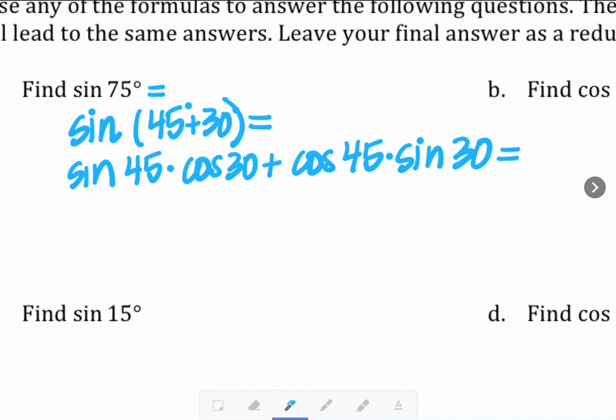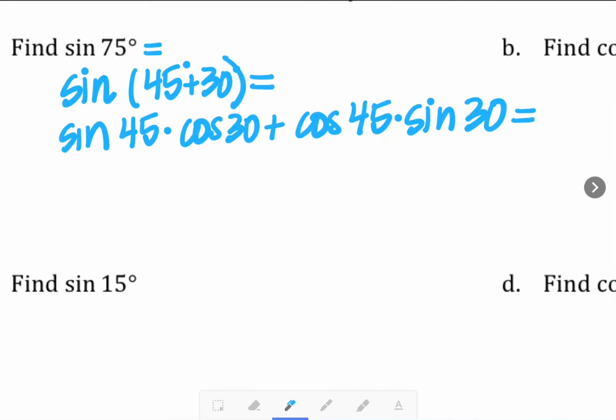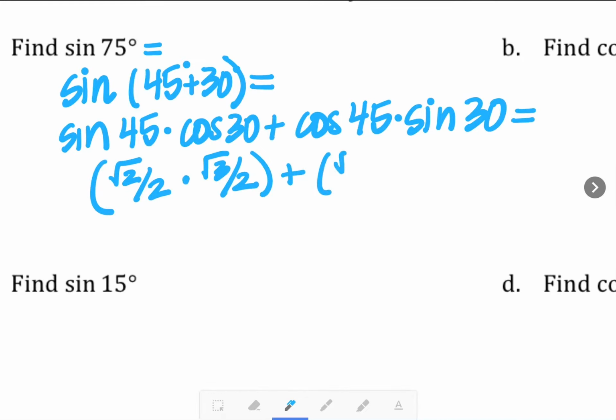And the great thing about this is that we know all these values. Have your unit circle handy, or just trust that I know mine. Sine of 45 is radical 2 over 2. Cosine of 30 is radical 3 over 2. Cosine of 45 is radical 2 over 2. The sine of 30 is 1/2.